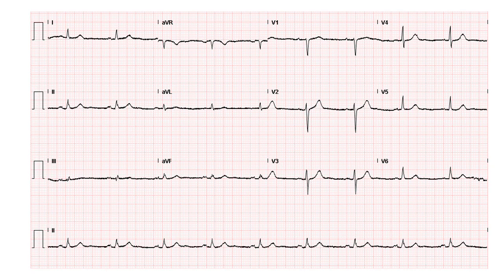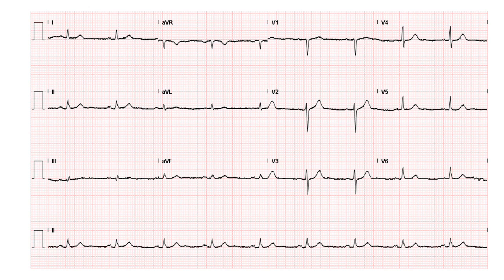Okay, so let's take a look at this EKG and try to determine the rate. At a first glance, I am noticing that the rhythm looks regular to me. If I were to measure the R to R intervals between each QRS complex, they are going to be about the same distance.